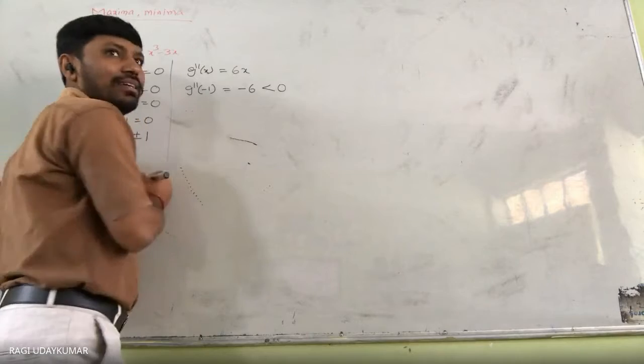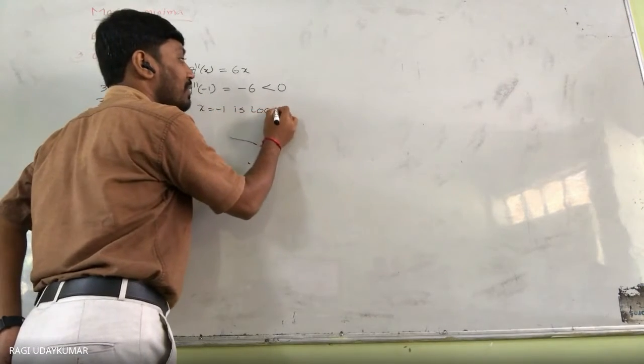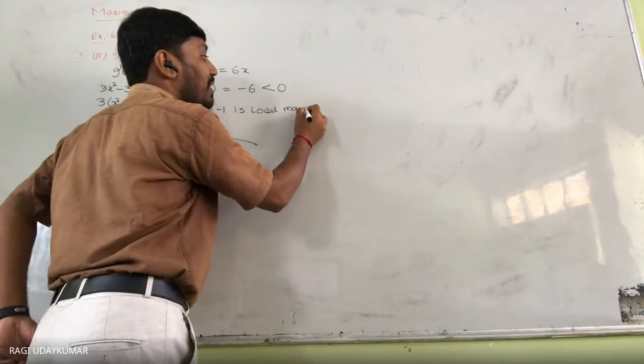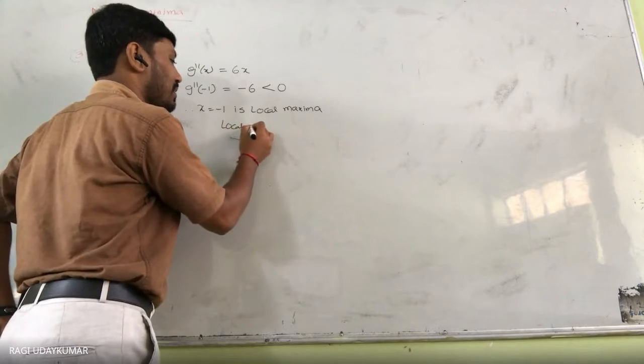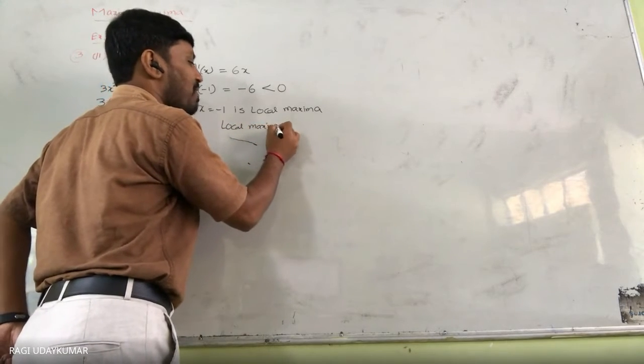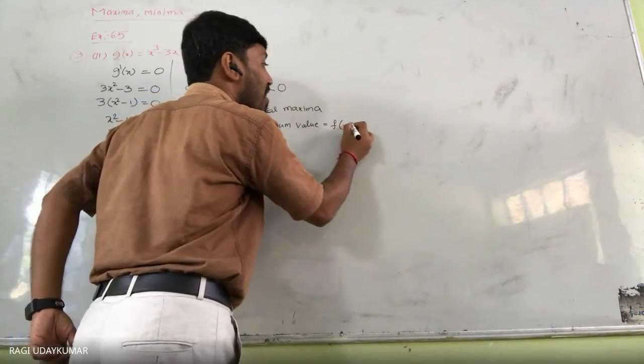Therefore, you can say that x equal to -1 is local maxima, and local maximum value is equals to g of -1.